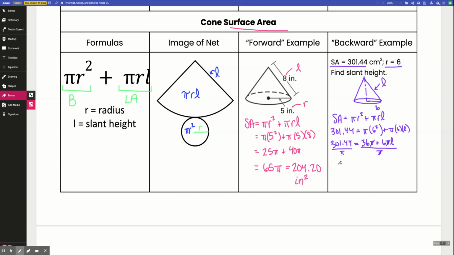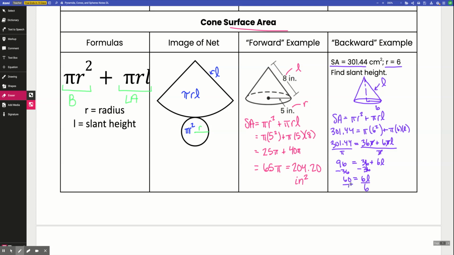So I get 95.95, so I'm going to round that up to 96. That gives me 36 plus 6 times the slant height. Then I'm going to subtract 36 from both sides, so I end up with 60 equals 6 times the slant height.